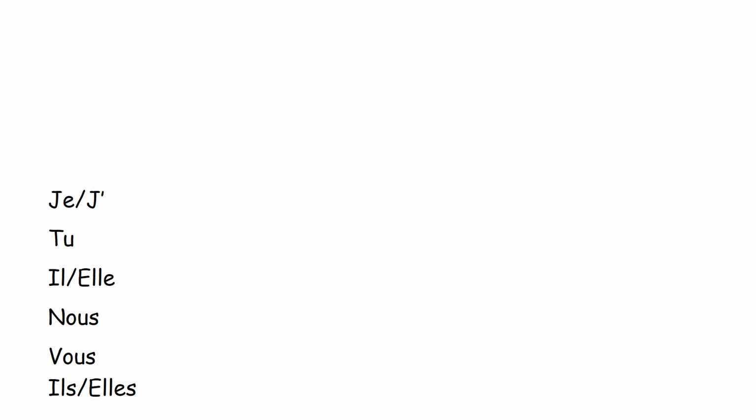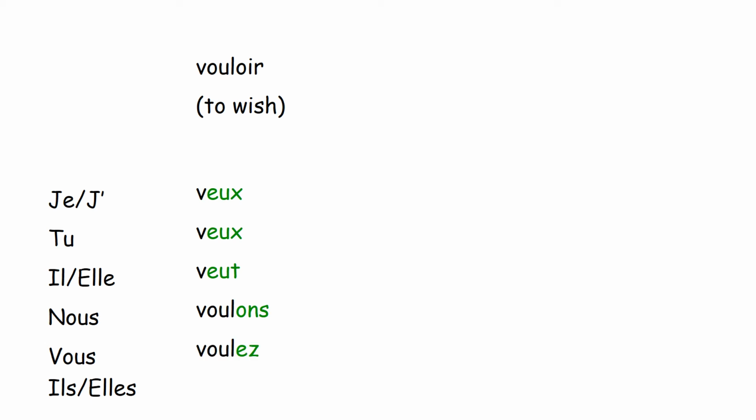Now the verbs that you will see on this slide will be conjugated in a similar way. For example, vouloir, which means to wish. Je veux, tu veux, il or elle veut, nous voulons, vous voulez, ils or elles veulent. Now, the pouvoir verb will also be very similar to the vouloir verb.